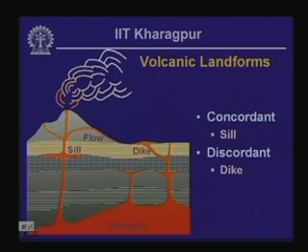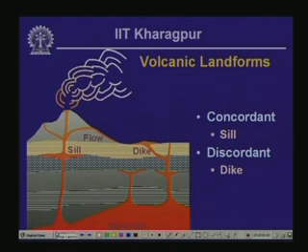Volcanic landforms could include a very large body of partially molten rock forming material underground, as I already have indicated, and this is given the name of batholith. If it is a smaller body, then the body is called a stalk.